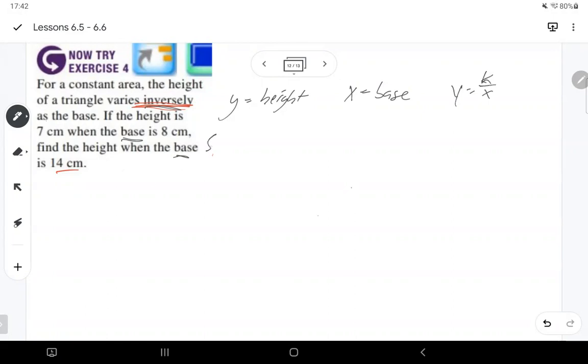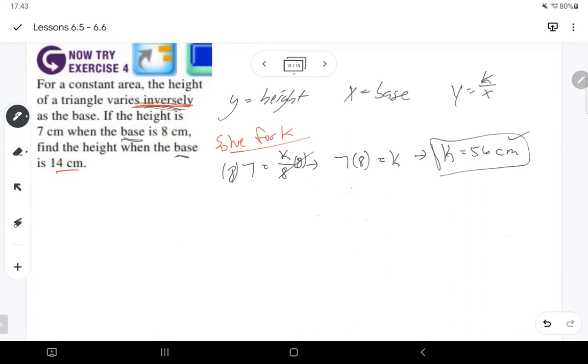So we have to solve. I'm going to solve for k. So k equals 56 centimeters.